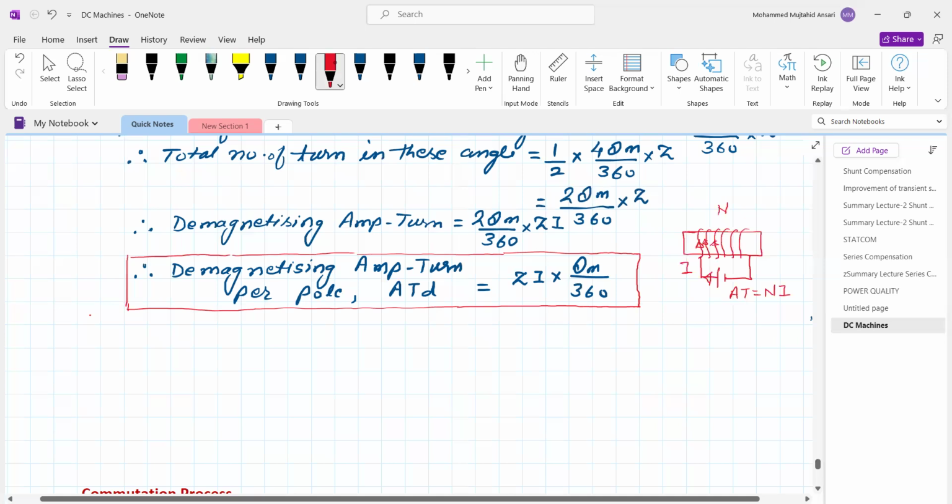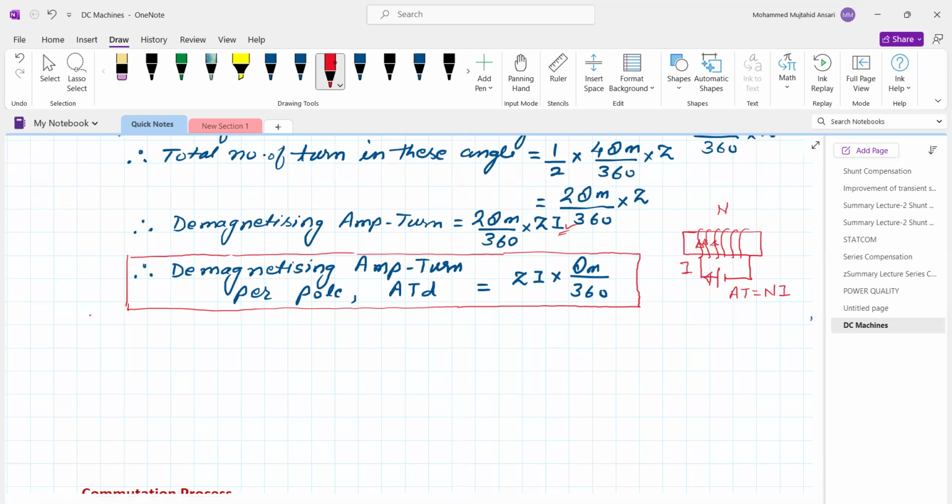So here also, what we have done: first we calculated how many conductors there are. The conductors divided by 2 make the turns. So twice theta m upon 360 into Z is the turns which are responsible for the demagnetizing effect in the armature reaction. Now we have multiplied by the current, so it becomes turns and current, ampere turns.